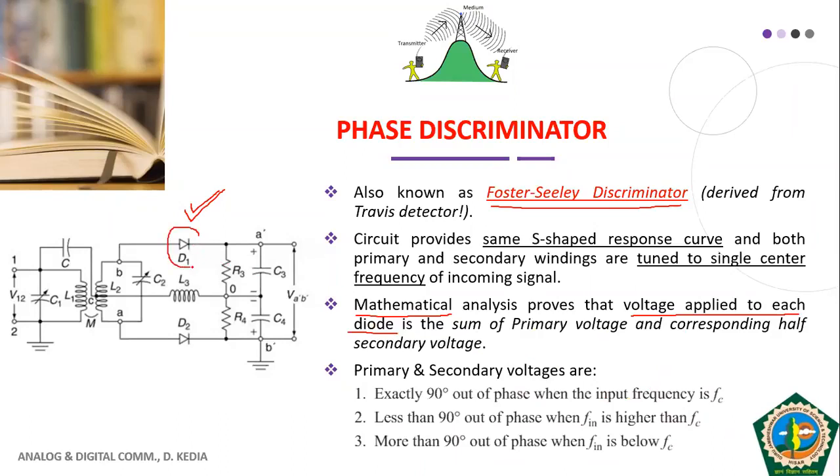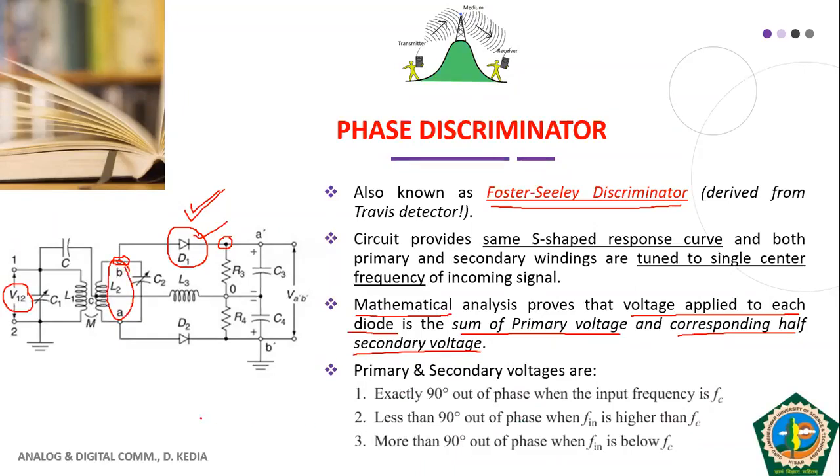First, say we take diode D1. The voltage applied across this diode, at the two ends of this diode, is the sum of the primary voltage, that is V12, and the corresponding half of the secondary voltage, that is VAB.